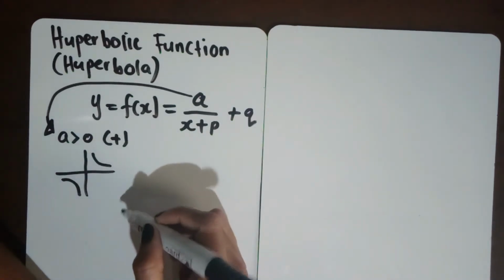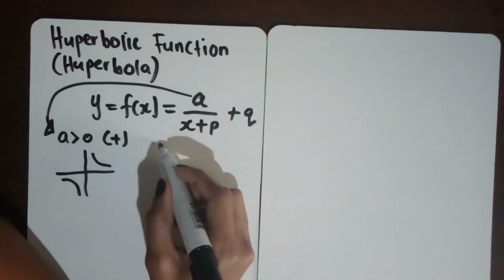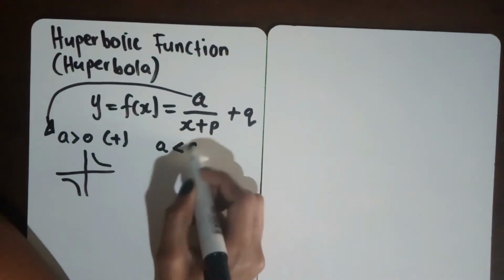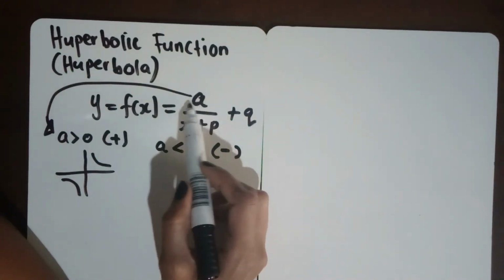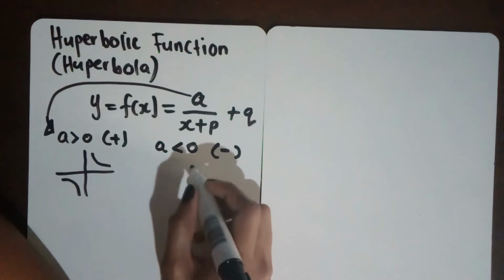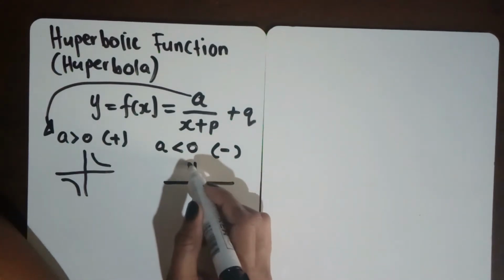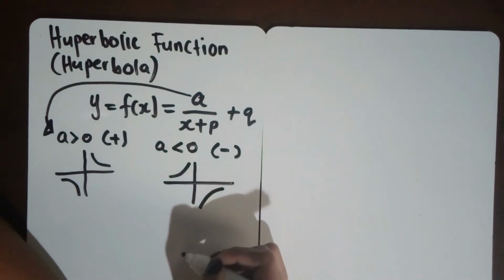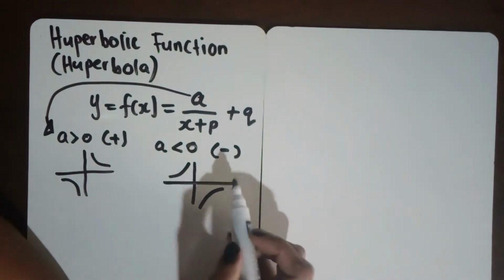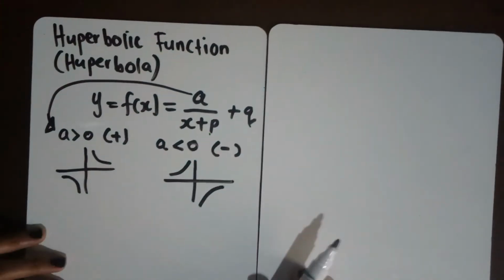You will see shortly how that happens when we plot them. And if a is less than 0, that means a is negative, so maybe it's -1 or -4, and your hyperbola is actually going to be in the second as well as the fourth quadrant, right?